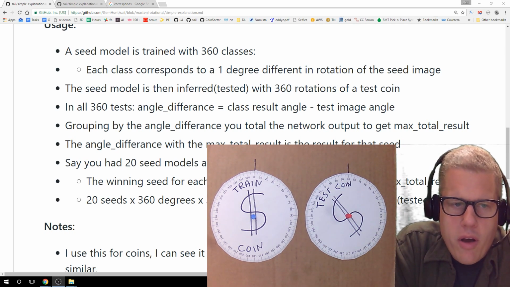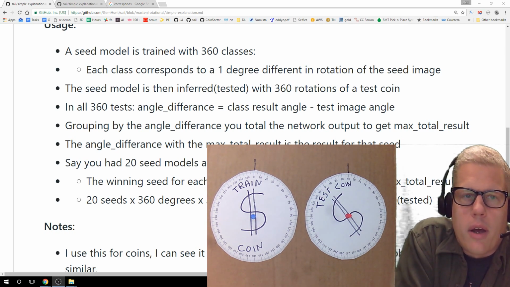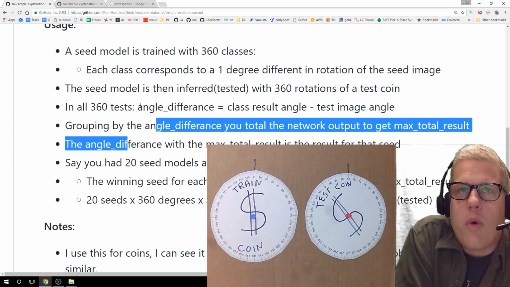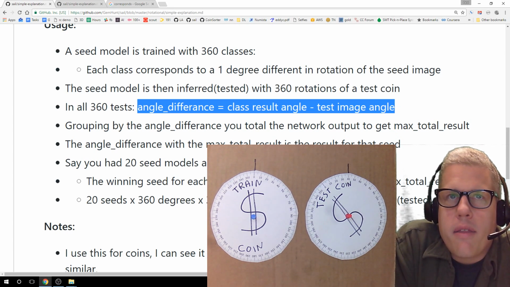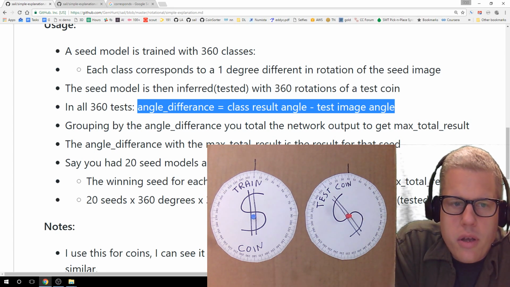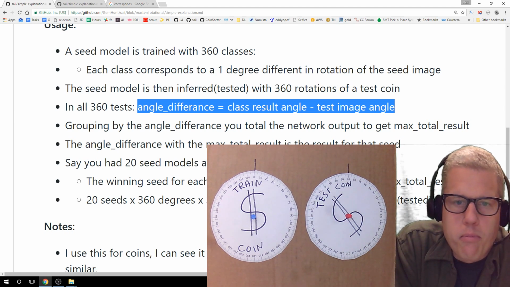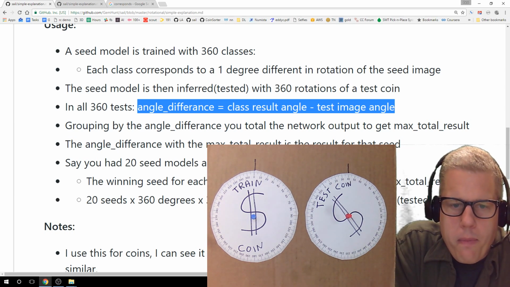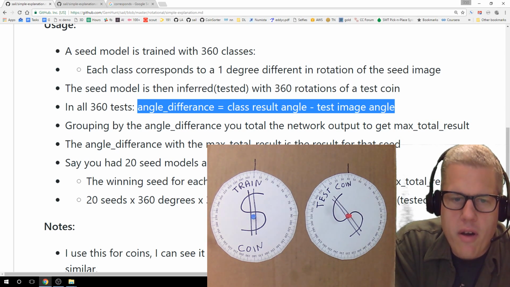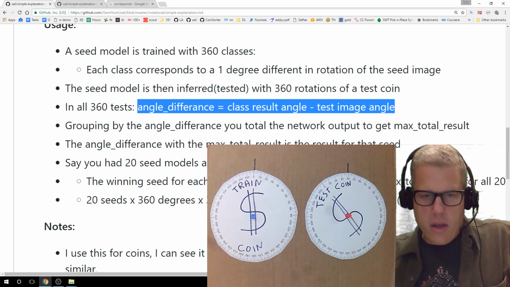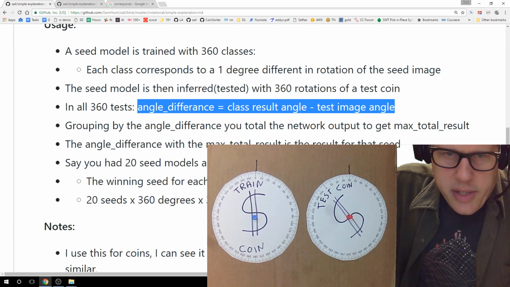So in all 360 tests, you want this angle difference, okay? And that angle difference is the predicted class angle minus your test image angle.